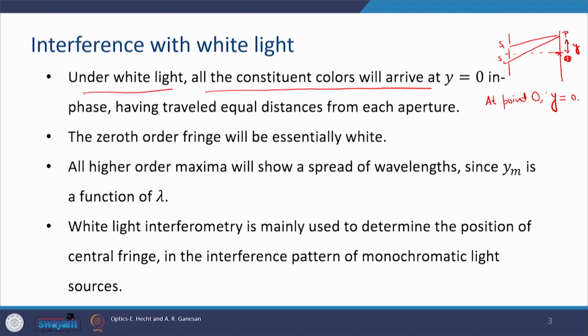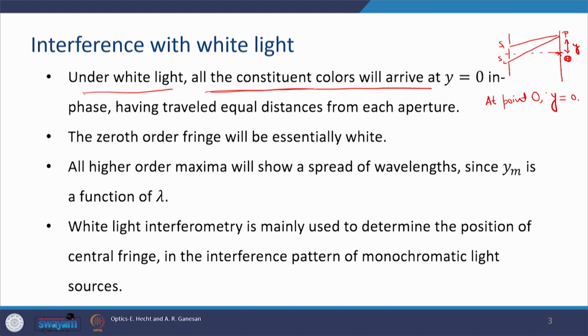What I mean is that when we illuminate our sources S1 and S2 with white light, the maxima for red color will be formed at y equal to 0, as well as the maxima for blue color, as well as the maxima for yellow color. Since all the colors are giving maxima at y equal to 0, they all combine and the resultant color would be white, and this is what is written here.